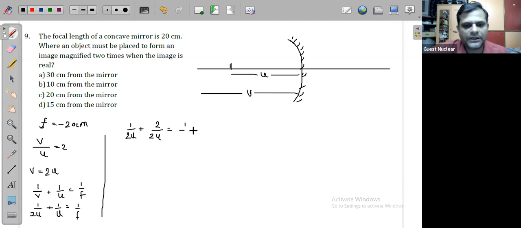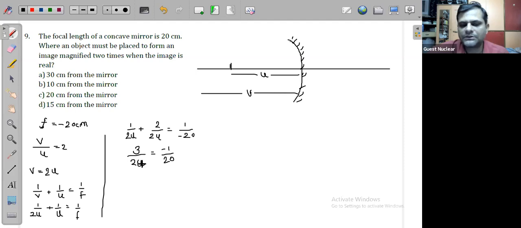And here 1 upon F, F is already given to be minus 20. Just put it here. It will be minus 20. Then we get 1 plus 2, that is 3 upon 2U, which should be equal to minus 1 upon 20.